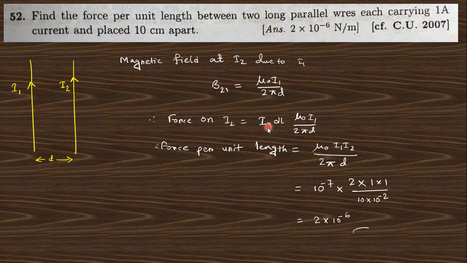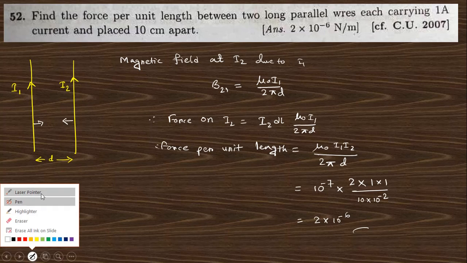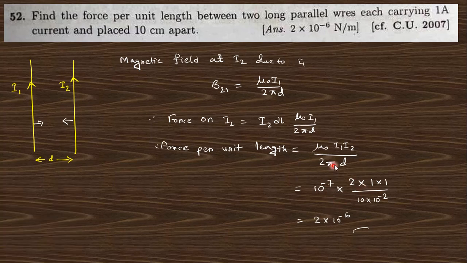So the force will be I2 dl cross this magnetic field. So force per unit length, dl will be 1, so this is mu 0 I1 I2 by 2 pi d. Clear? So the force per unit length between these two parallel wires will be attractive, and the value will be like that.